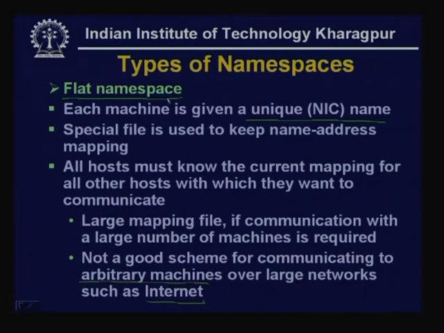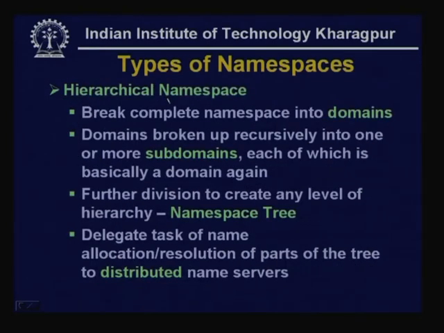So, this flat namespace which was used earlier is not really suitable, and for that reason hierarchical namespace has been used, which breaks the complete namespace into domains. So, instead of providing a unique name, it is divided into a number of domains. Domains are broken up recursively into one or more subdomains. So, each domain is divided into a number of subdomains, each of which is basically a domain name again.